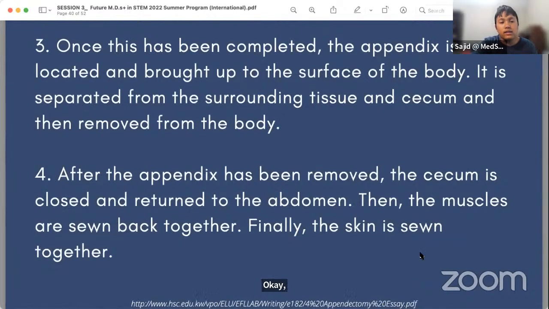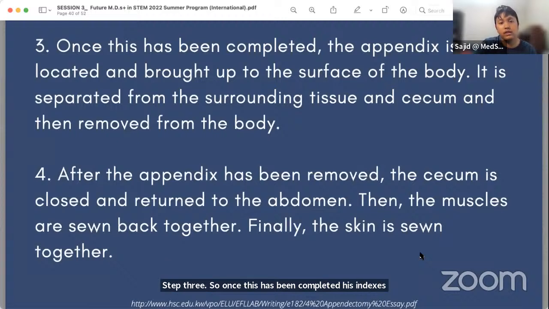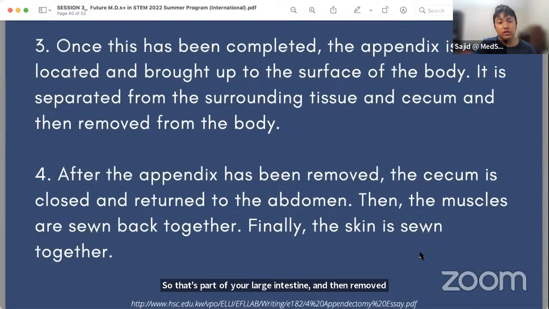Step 3. Once this has been completed, the appendix is located and brought up to the surface of the body. The appendix is separated from the surrounding tissue and the cecum, which is part of your large intestine, and then removed from the body. Your appendix is attached to the cecum, so it is detached and removed.